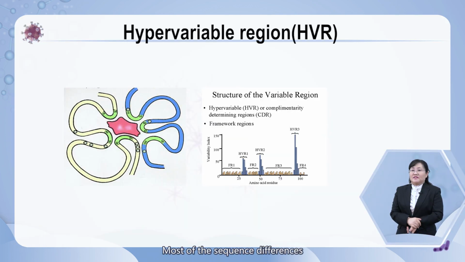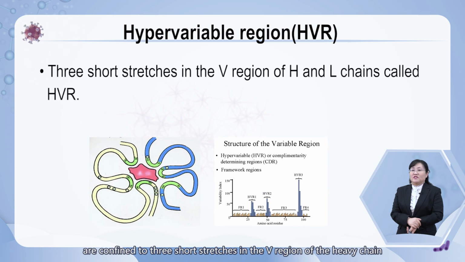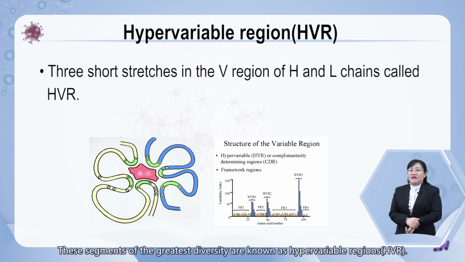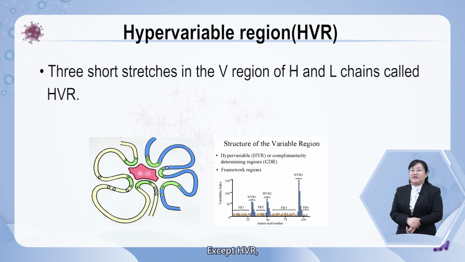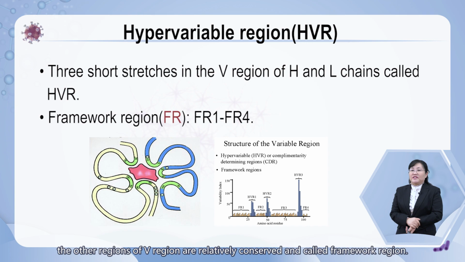Most of the sequence differences and variability among different antibodies are confined to 3 short stretches in the V region of the heavy chain and 2-3 stretches in the V region of the light chain. These segments of the greatest diversity are known as hypervariable regions, HVR. Except for the HVR, the other parts of the V region are relatively conserved and called the framework region.